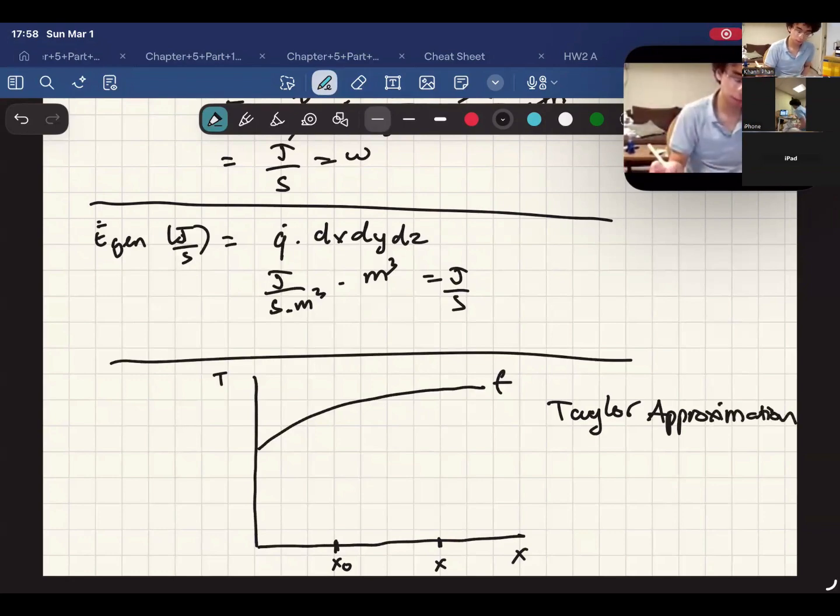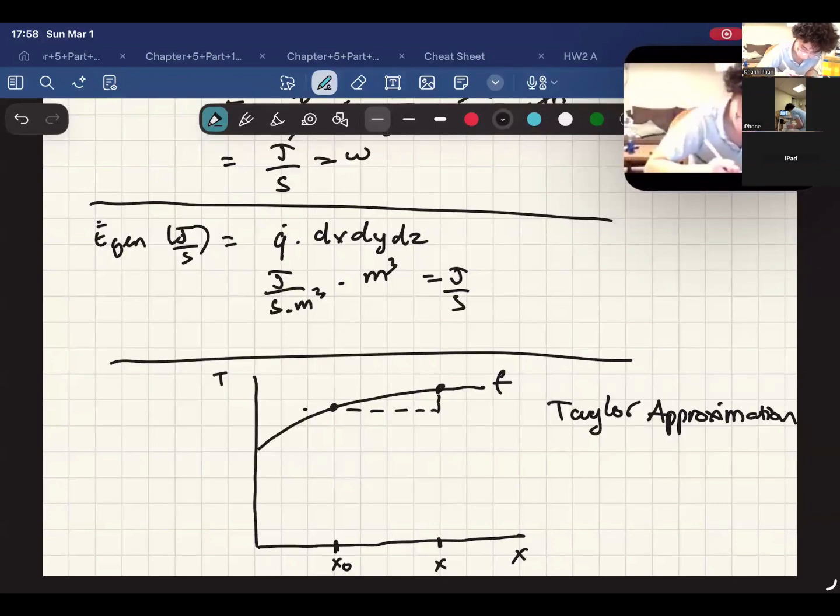Basically, Taylor approximation is mathematically similar to linear interpolation. We approximate the point using the slope of temperature and treat it like a linear line.